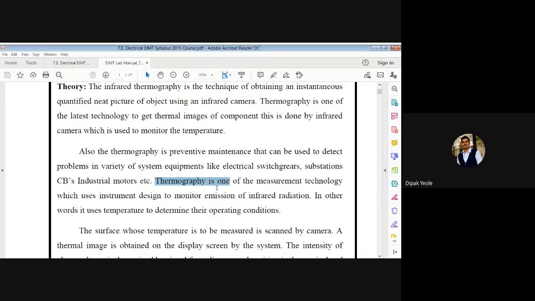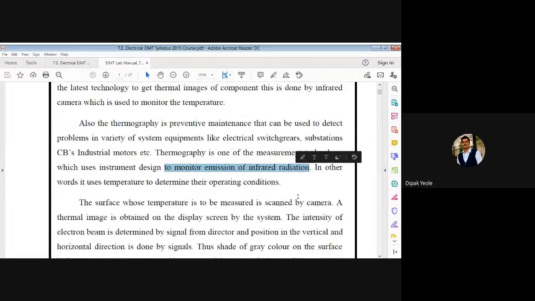Thermography is one of the measurement technologies which uses an instrument designed to monitor the emission of infrared radiation. We have discussed one interesting equation related to these thermography images. In other words, it uses the temperature to determine the operating condition.